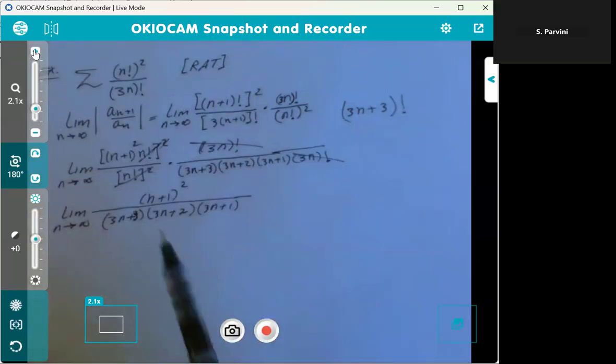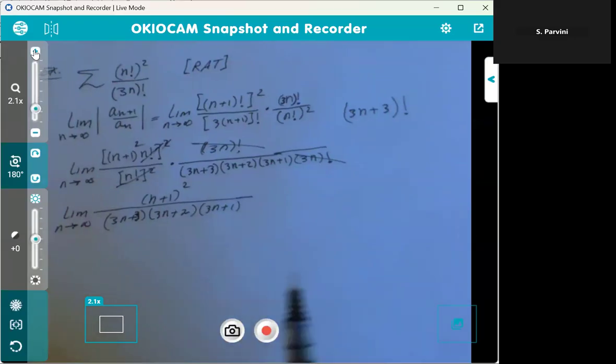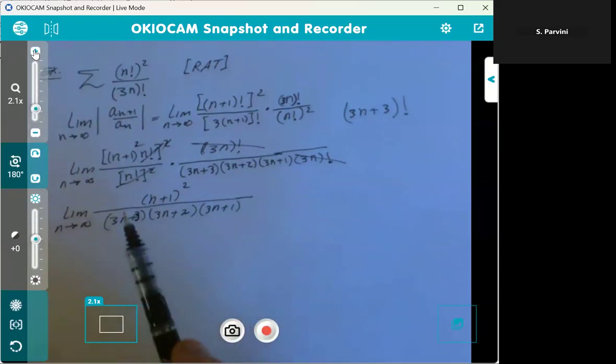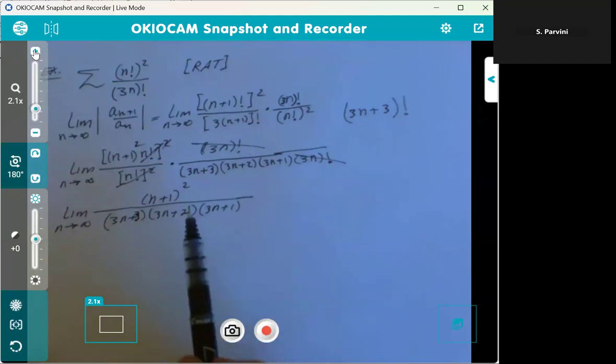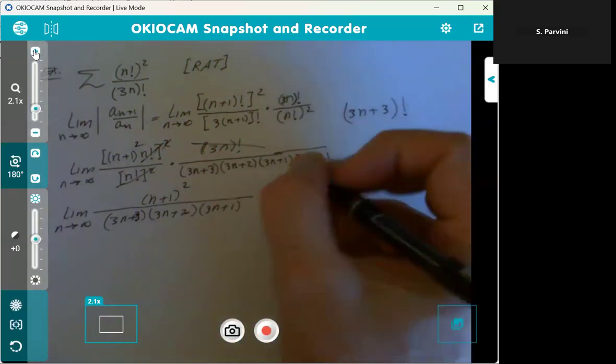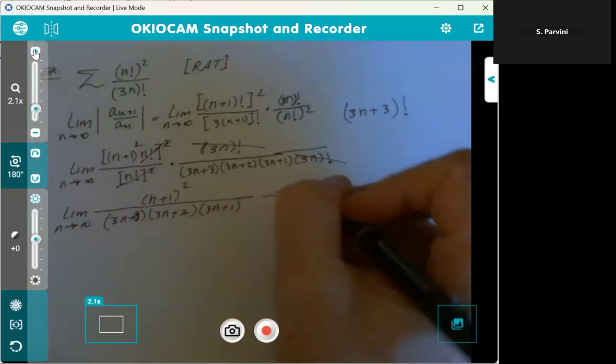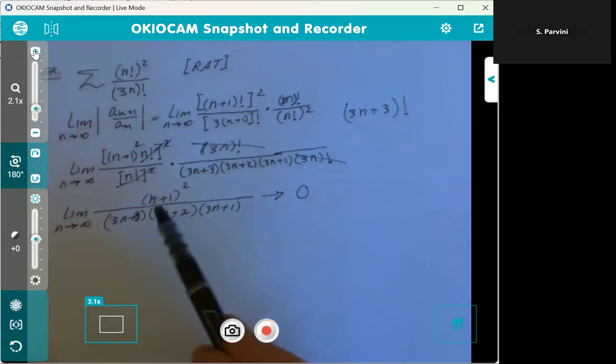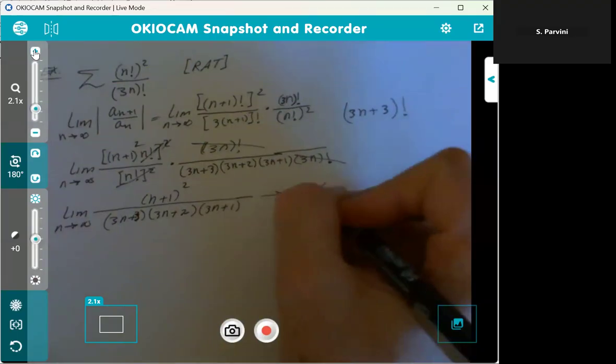Notice in the numerator, we have a second degree polynomial. In the denominator, we have 3n, 3n, 3n, which gives a first term of the product of 27n cubed. So you have n squared over n cubed. Divide the top and bottom by n cubed, and you will see that this limit approaches 0, because the degree of the polynomial on top is less than the degree of the polynomial on the bottom.